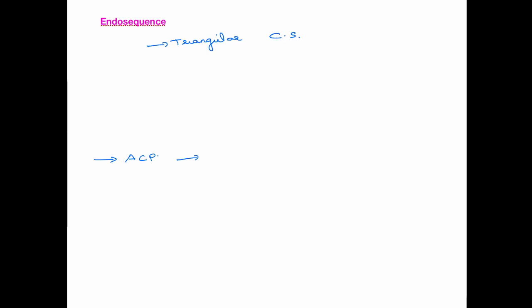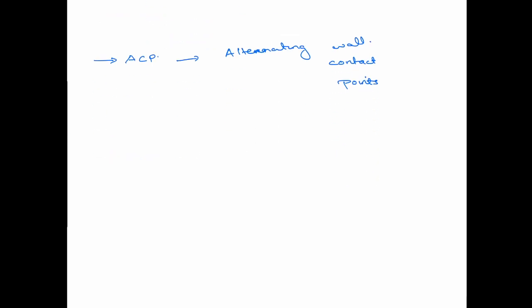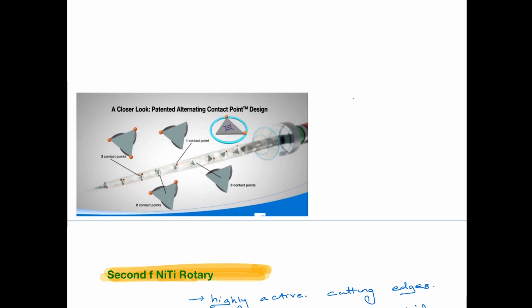What is ACP? Alternating wall contact points. Contact points, what is that? Alternating wall contact points means, just see this picture. This is a file system, and if you see the file system, there are three contact points first, then one contact point, then one area with two contact points, like that, then an area with no contact point, zero contact points.